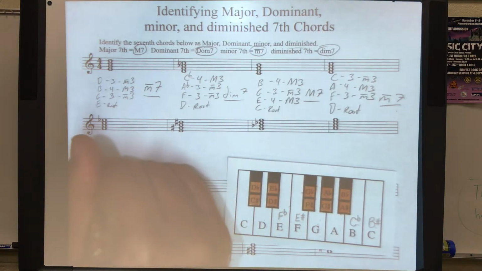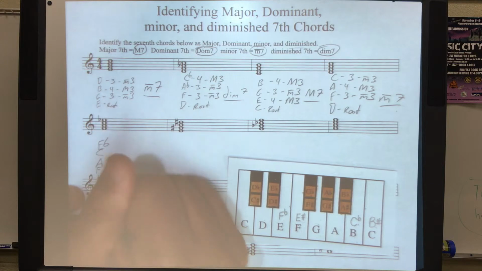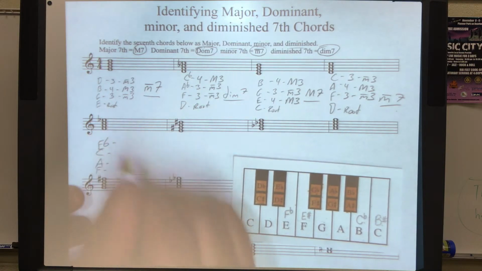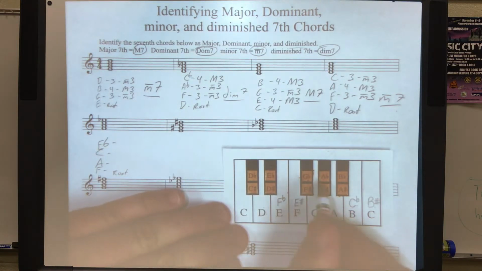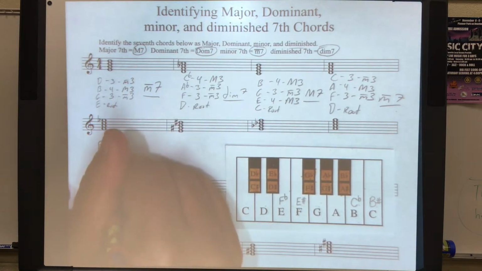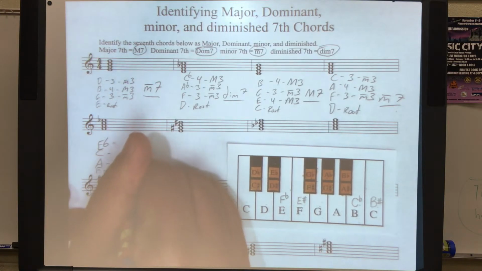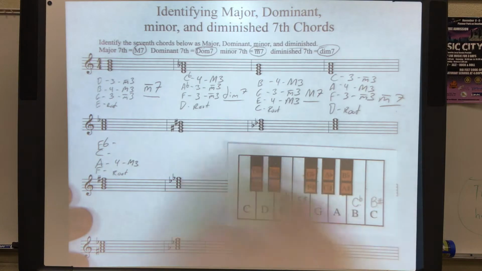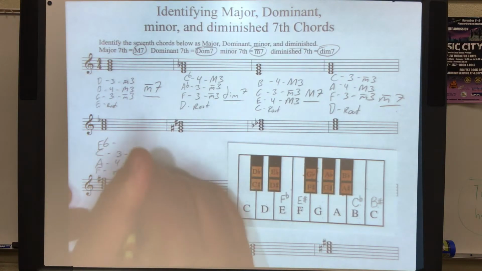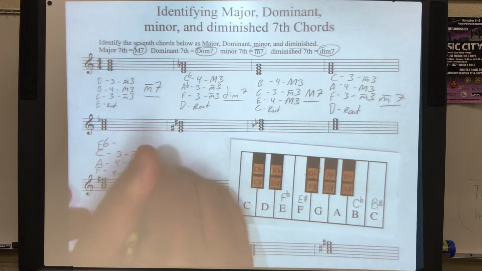We've got F, A, C, E flat. F is the root. F to A, 1, 2, 3, 4 half steps, major third. A to C, 1, 2, 3 half steps, minor third.